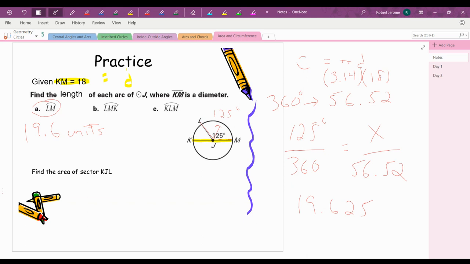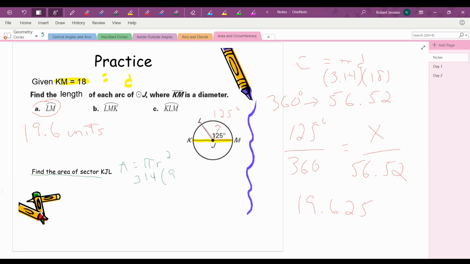Now we're going to do the area of the sector KJL. So first of all, we need area. Area equals pi r squared. So 3.14 times the radius.